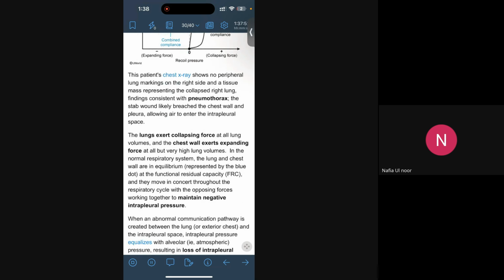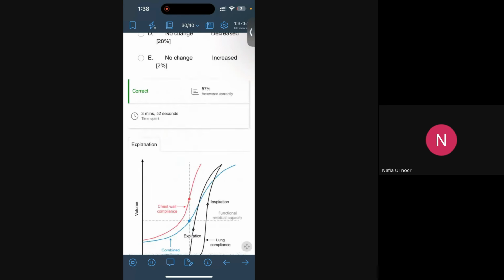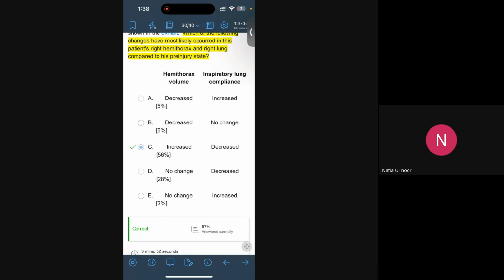Can you explain this question? Okay, so when there is a pneumothorax developing in the patient, in the area which has pneumothorax, you are continuously filling the air there. The chest wall is going to spring outwards because of the continuous addition of air in that area. And now there is no negative intrapleural pressure as well.